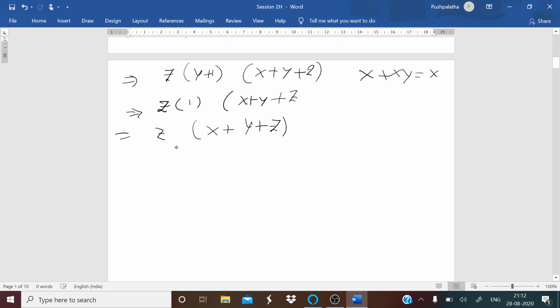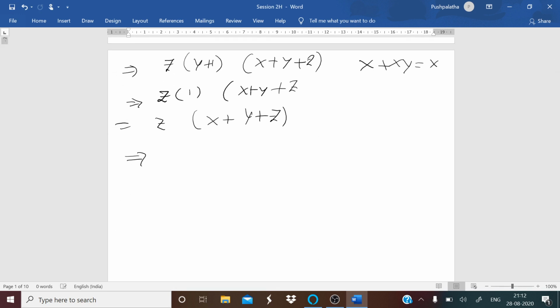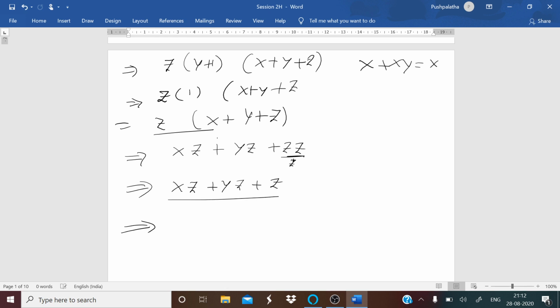Now the next: multiply x into z, plus yz, plus z into z. You have removed the brackets. So z into z becomes z here. So this becomes xz plus yz plus z. What is common among all these three?